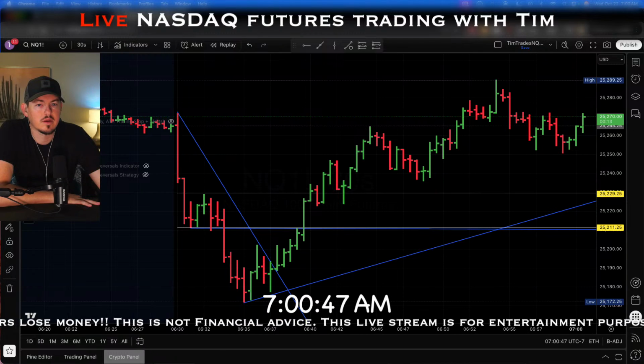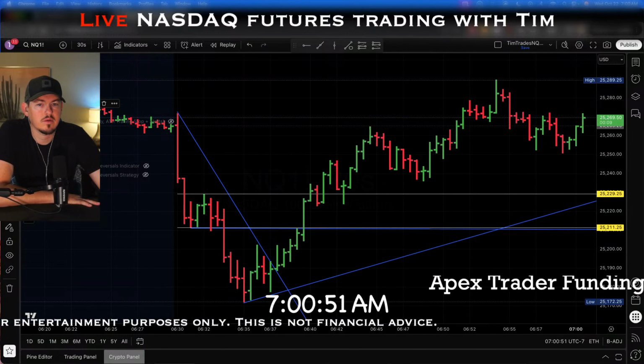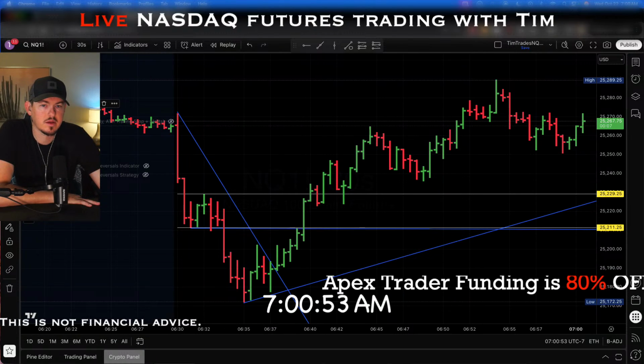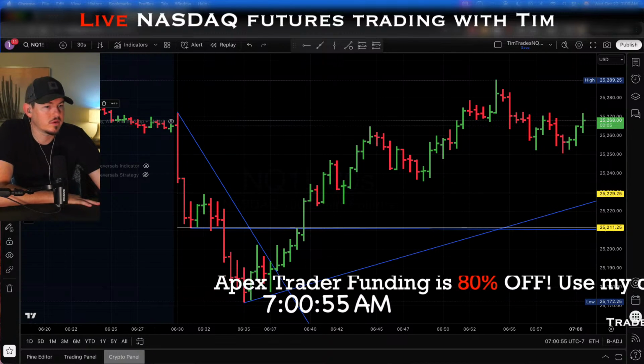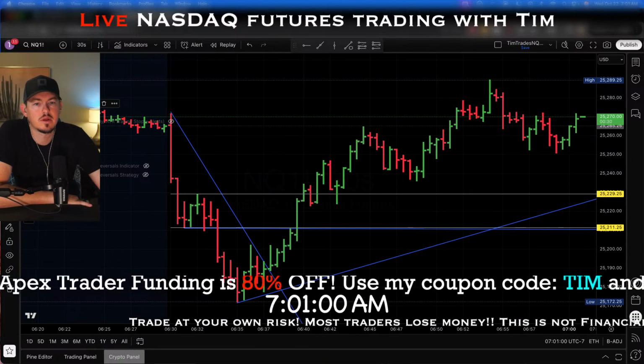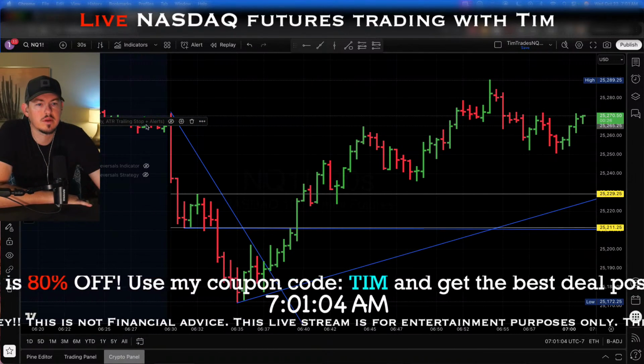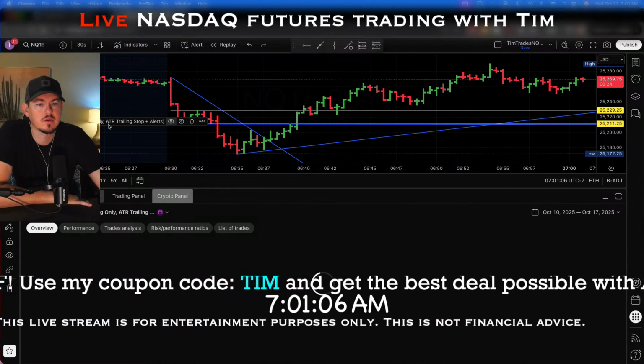Let's see. Here's a tweezer top. Should be a tweezer bottom too. Double top, long only.